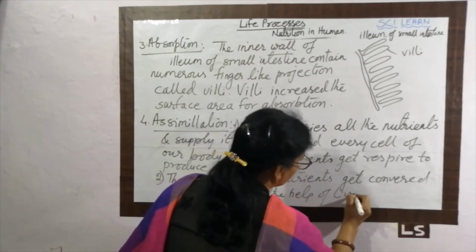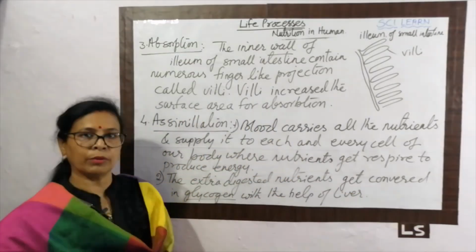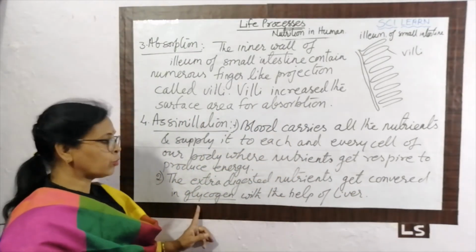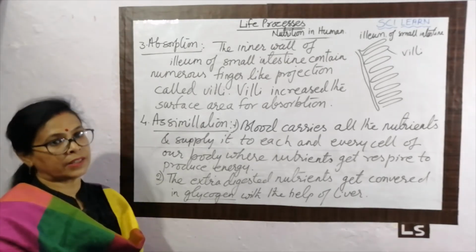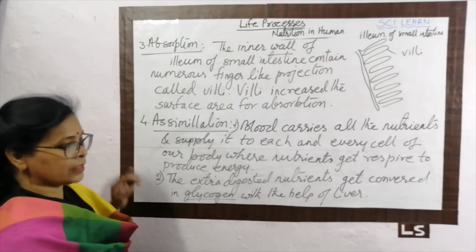And what is glycogen? It is the stored food. When our body needs the energy, this glycogen gets converted into glucose, oxidized, and gives us energy. So this is the assimilation.